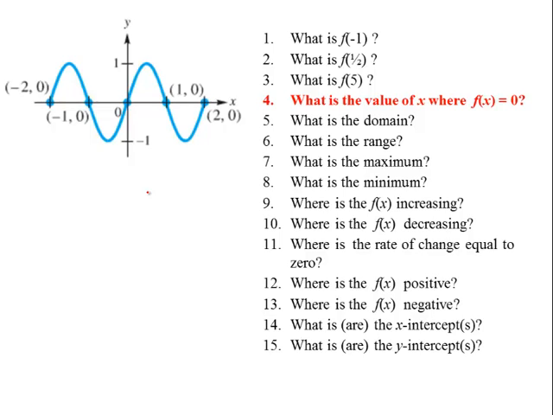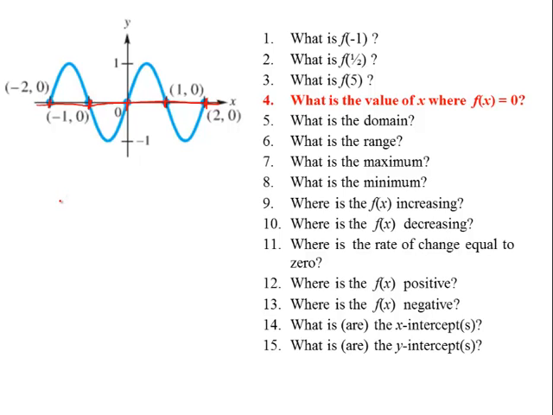Number 4, what is the value of x where f of x is 0? So now we're looking for x values and we're given a y value of 0. So if we go to the y-axis, here's where y is 0, and we actually see here's a value of x, another value of x, a third value, a fourth, and a fifth.